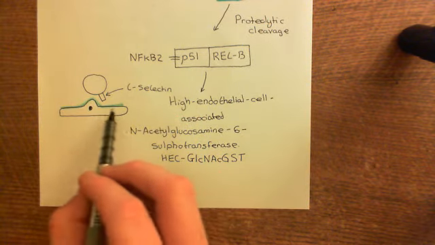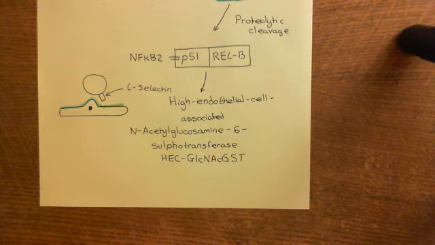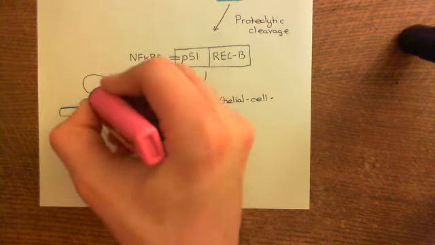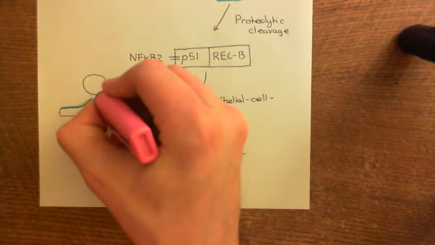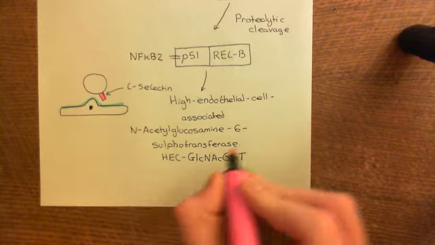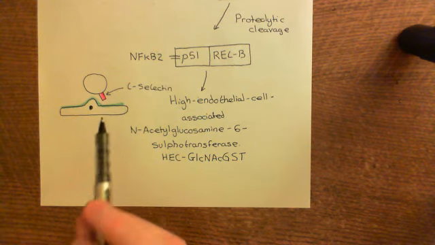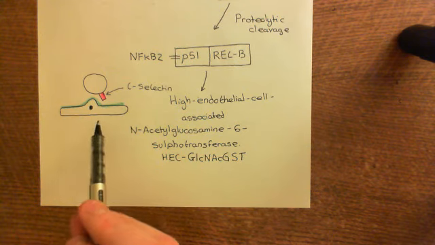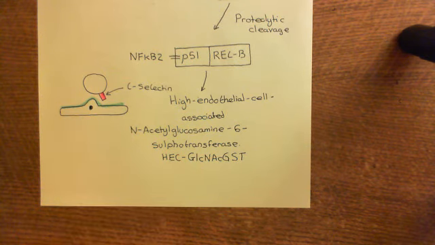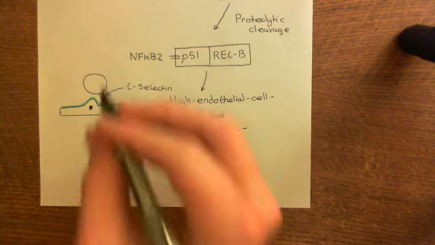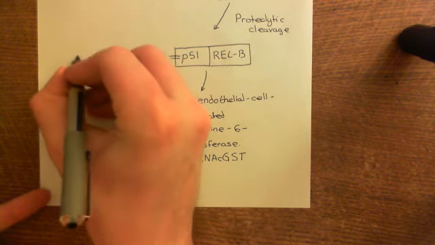So if you've got endothelial cells which have glycocalyces that are very heavily sulfonated, which you will end up with if you've got this enzyme activated, then L-selectin can bind to those. Okay, and that's going to promote the recruitment of these naive T and B cells.